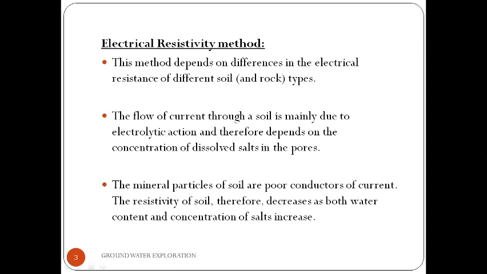To determine the resistivity at a site, electrical currents are induced into the ground through the use of electrodes. Soil resistivity can then be measured by determining the change in electrical potential between known horizontal distances within the electric field created by the current electrodes.